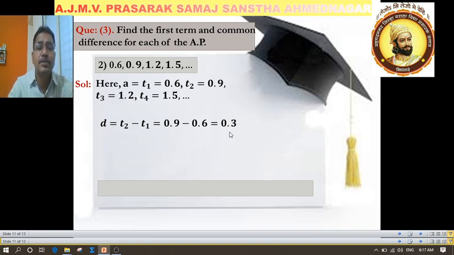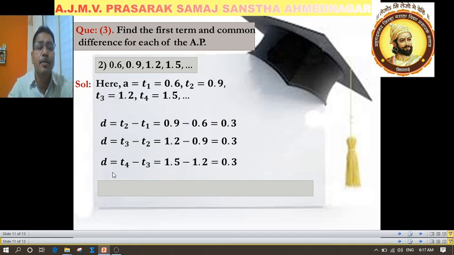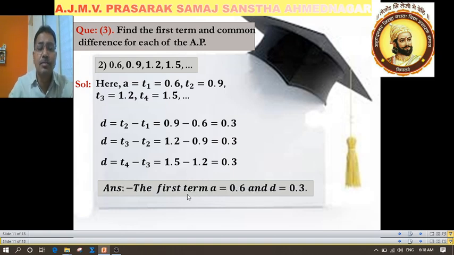This common difference may be obtained by taking the difference between t3 and t2. So d is equal to t3 minus t2 is equal to 1.2 minus 0.9, which is equal to 0.3. Similarly, d may be obtained from t4 and t3. So 1.5 minus 1.2 is equal to 0.3. So the answer is the first term a is equal to 0.6 and common difference d is equal to 0.3.